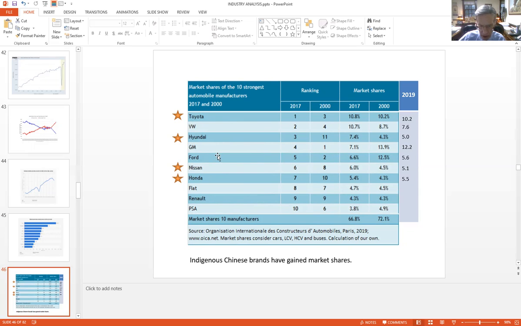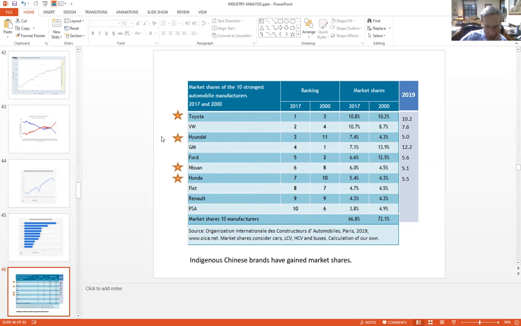But you can see how these ranks have changed dramatically. At one point, General Motors was ranked #1. Then by 2017, #4, and so forth.